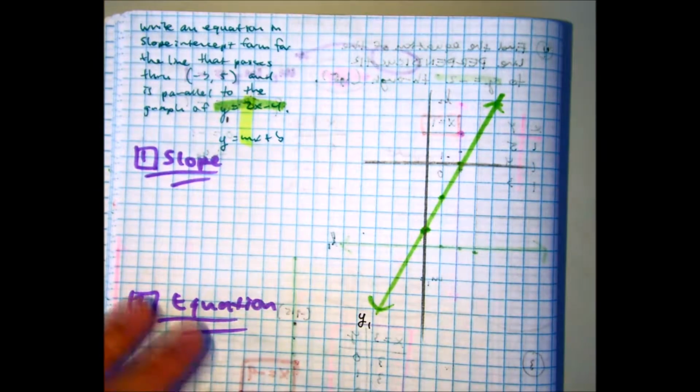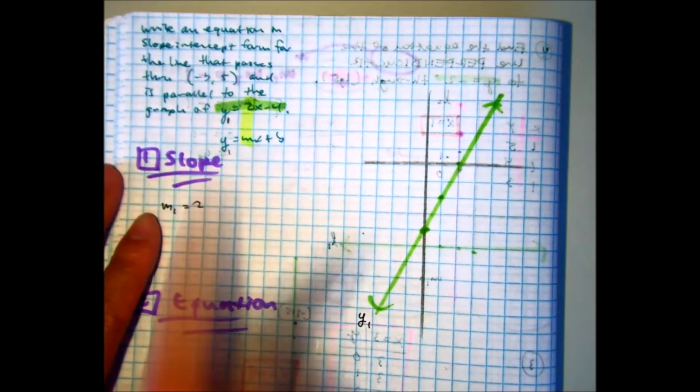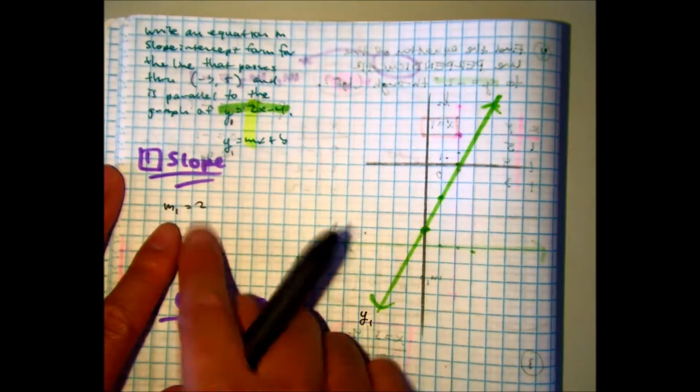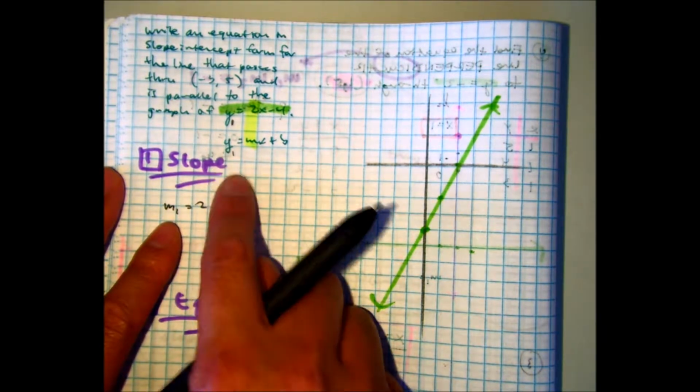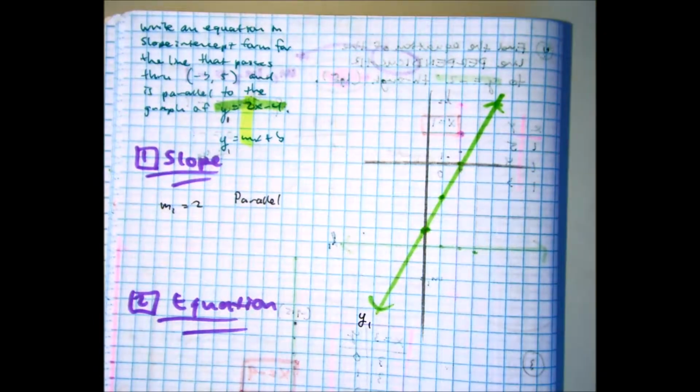Okay, so if the slope of the first line is equal to 2, from line number 1, I can get slope number 1. I need to find the slope of a parallel line. Partner B, tell Partner A, what do you know about slopes of a parallel line?